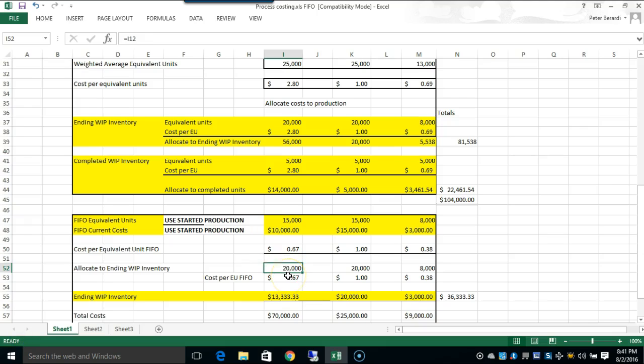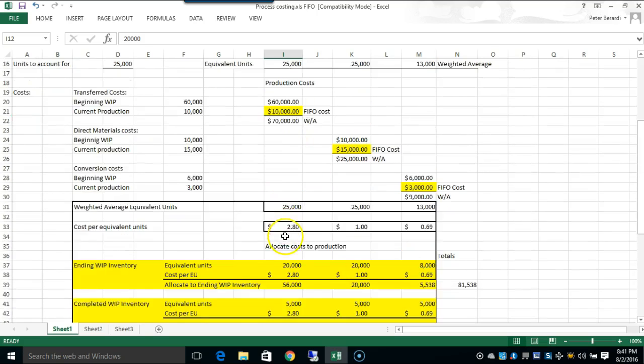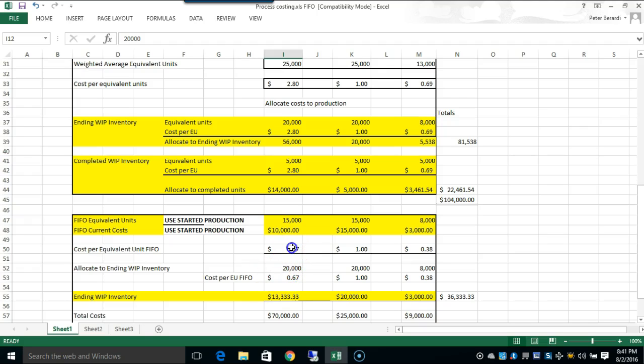So ending WIP is 20,000 units times your equivalent unit for FIFO is 13,333. Ending WIP inventory is 20,000 times an equivalent cost per unit of $1. And ending WIP inventory of 8,000 equivalent units times the FIFO cost per equivalent unit of 38 cents gives you 3,000. Total 36,333.